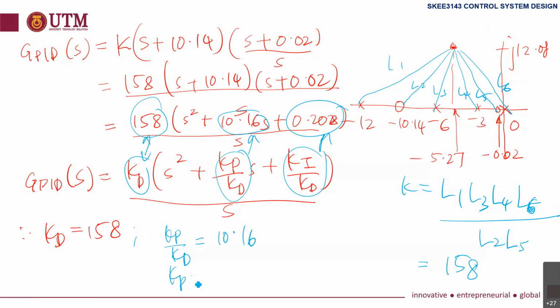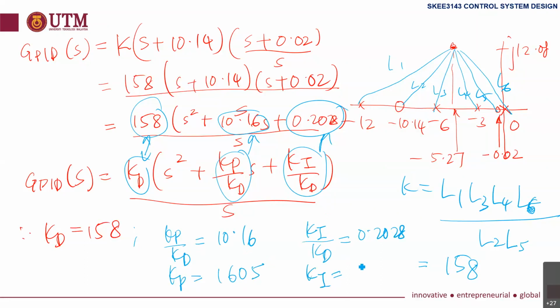Therefore, KP is 158 multiplied with this, 1605. KI over KD is 0.2028.